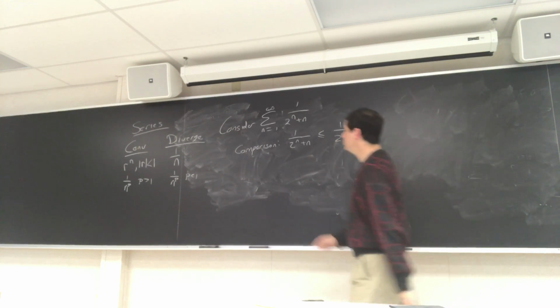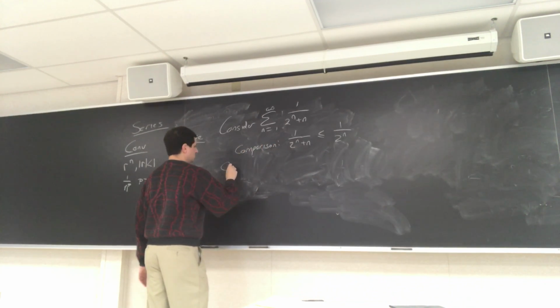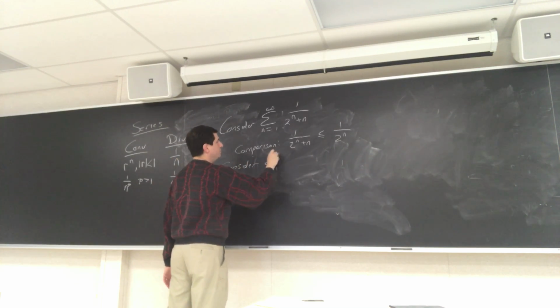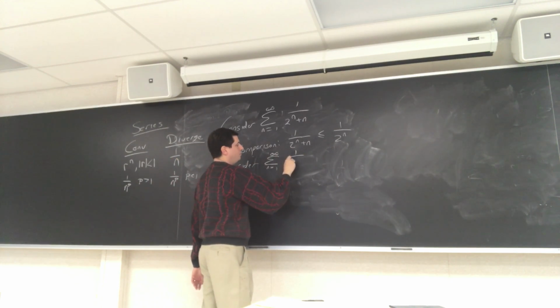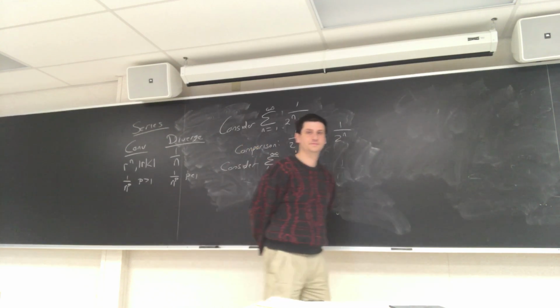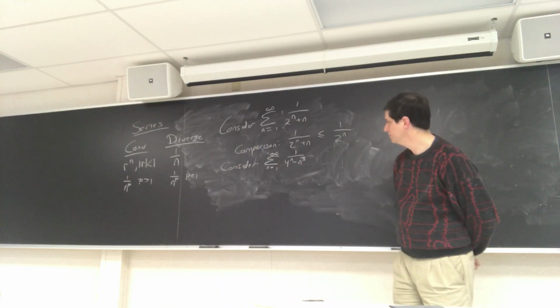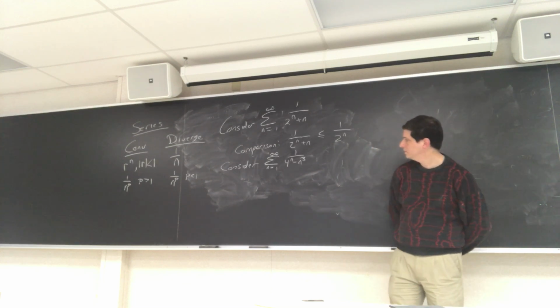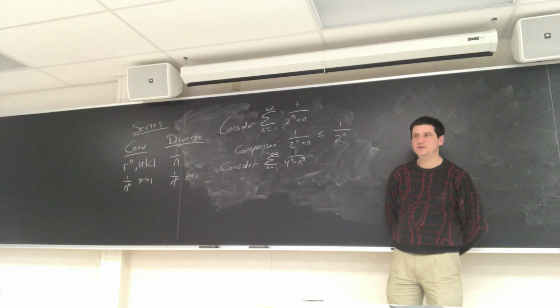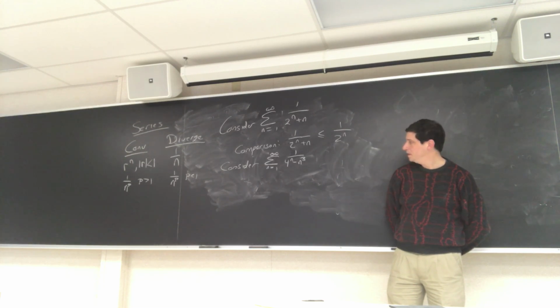Okay, let's now consider the sum n goes from 1 to infinity of 1 over 4 to the n minus n cubed. Fortunately, we never divide by 0, so this is well defined.